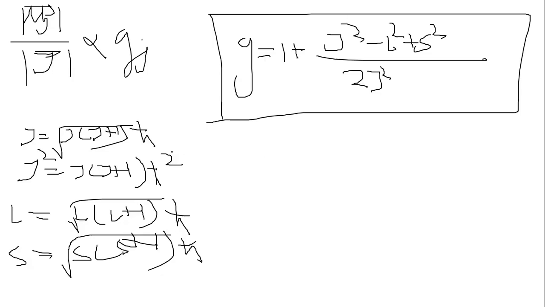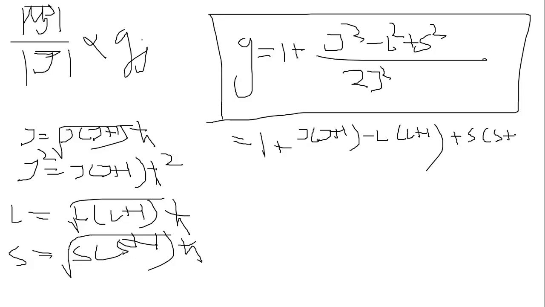So here h cross square. Since in numerator and denominator there are square terms, h cross square will get cancelled out, and we will have g equal to 1 plus J into J plus 1 minus L into L plus 1 plus S into S plus 1 divided by 2 J into J plus 1.